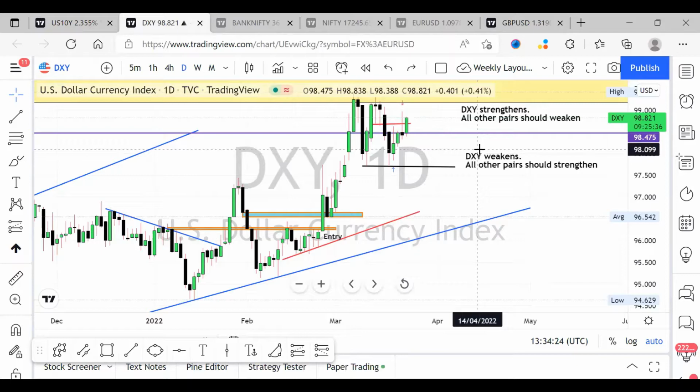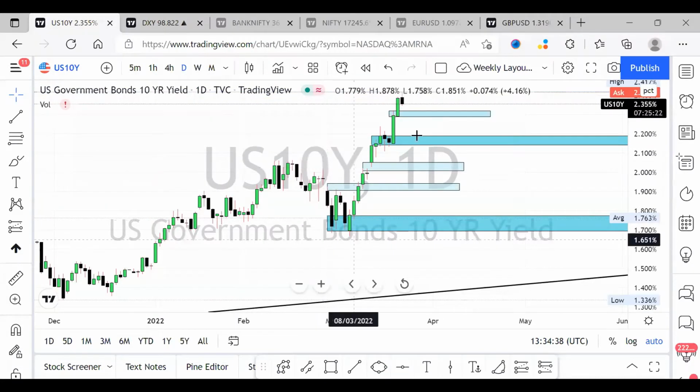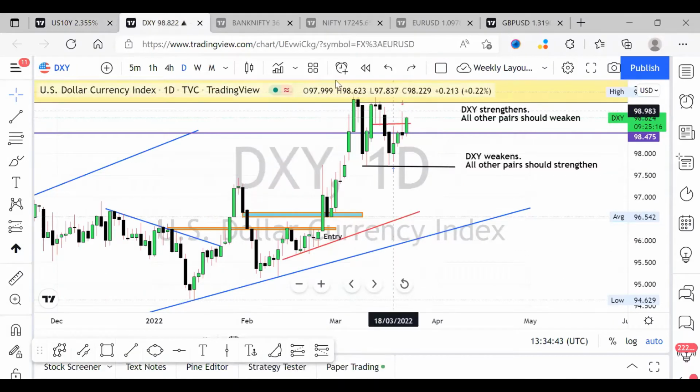So how do we interpret this? If the dollar index is moving up, the analysis is that every single other pair or currency or stock should go down. Okay, so again, US 10Y going up, dollar index going up.